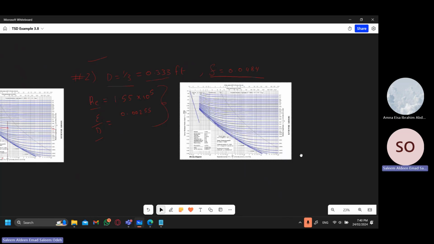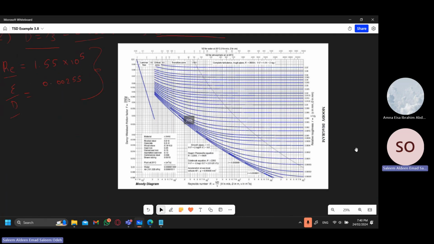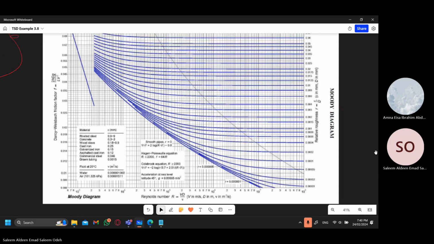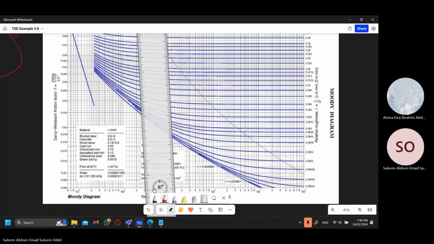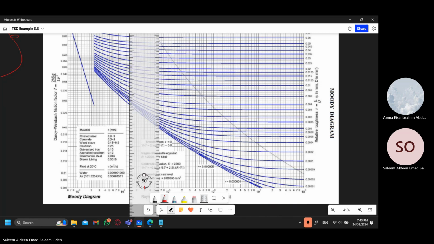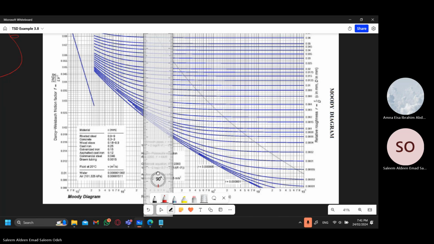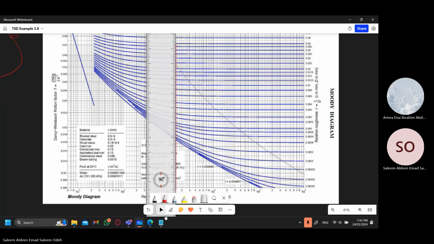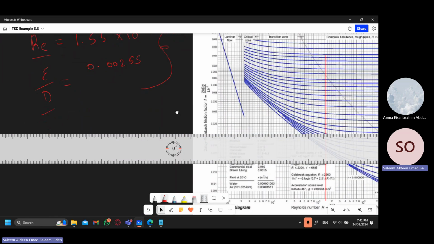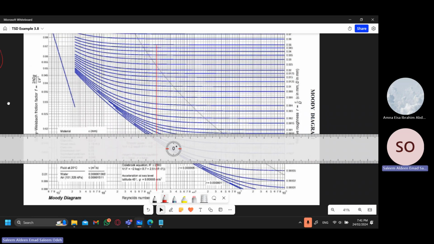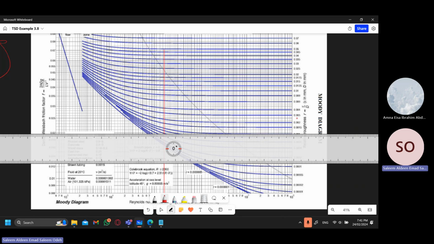And we will do the exact same thing over again. So we have 1.55 times 10 to the power of 5. Our epsilon ratio was 0.00255, which is between these two values.